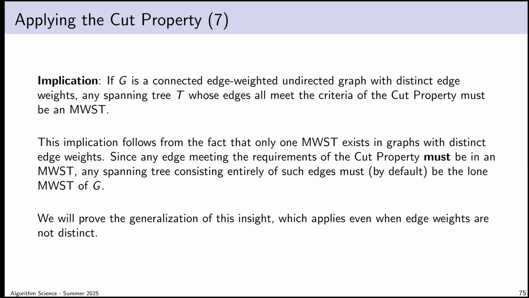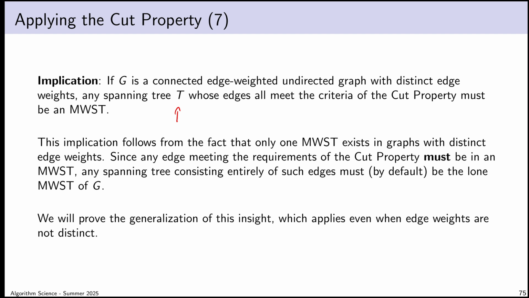Okay, so now let's just sort this whole business out about what we do about our algorithm in the event that there's more than one possibility. So if G is a graph which has distinct edge weights, then any spanning tree T whose edges all meet the criteria of the cut property has to be a minimum weight spanning tree, because for each edge in the tree, the cut property says this edge is in the minimum weight spanning tree, because there is only one of them.